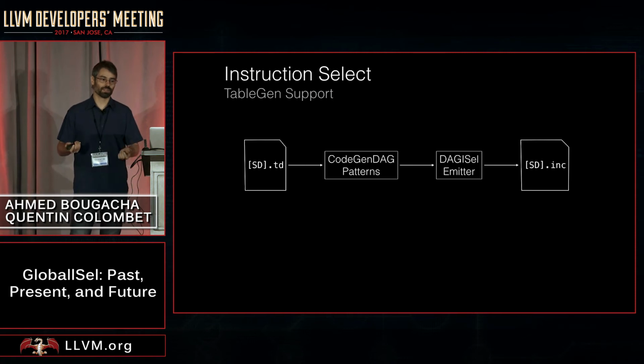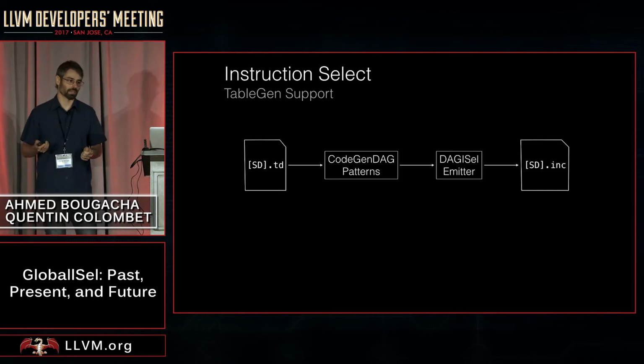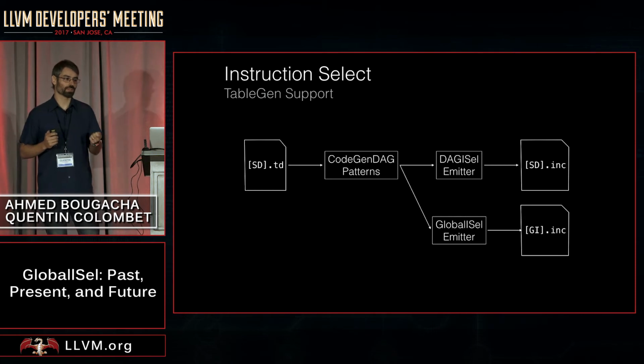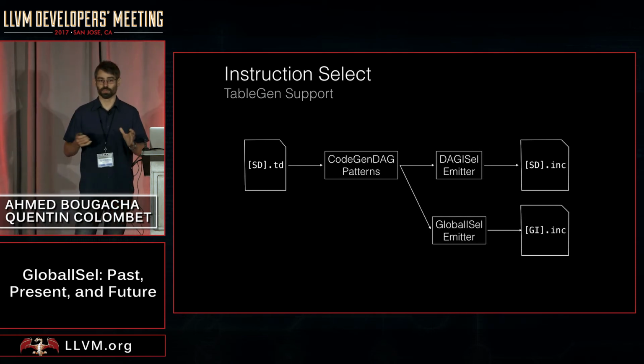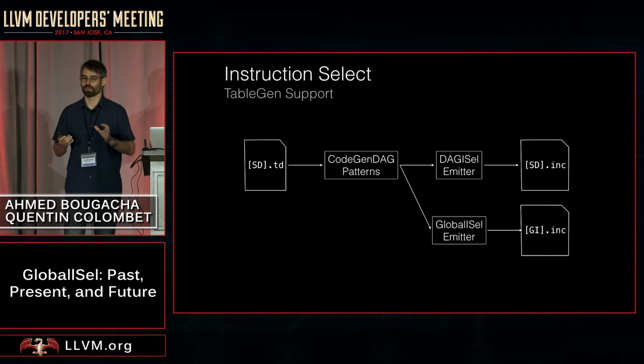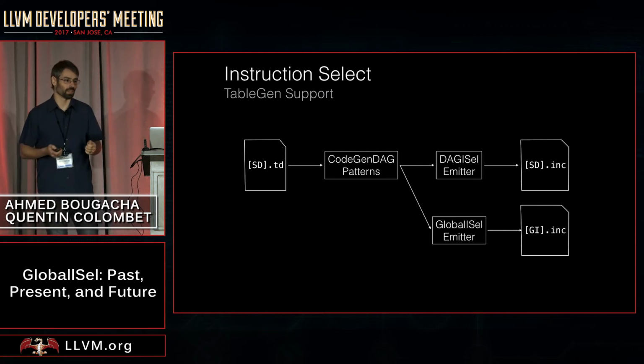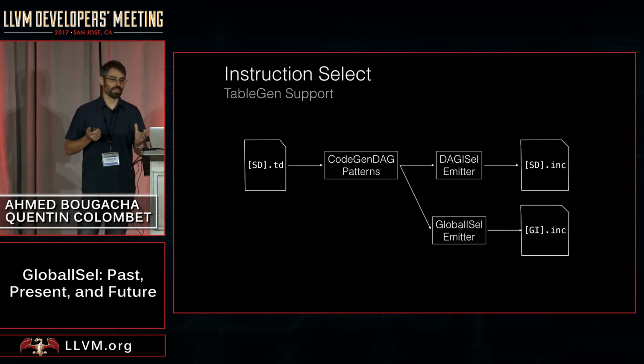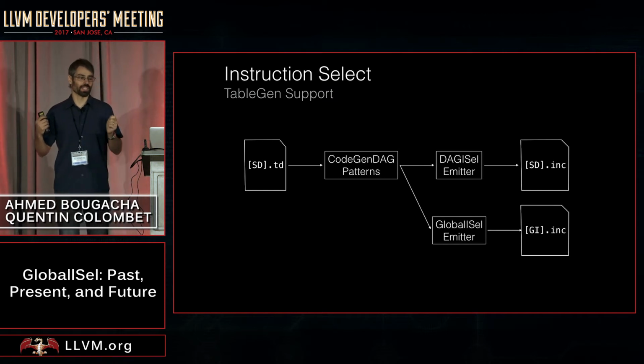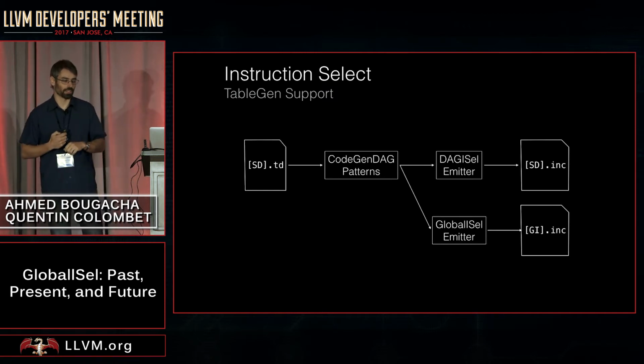Then it feeds that into the DAG ISel emitter that is going to generate some C++ code for SelectionDAG. For GlobalISel, we plugged in just after the CodeGen DAG patterns because we want to reuse all this nice logic about commutativity and whatnot. So we have this GlobalISel emitter that is going to generate some C++ code and some state for the GlobalISel state machine used in the instruction selector.